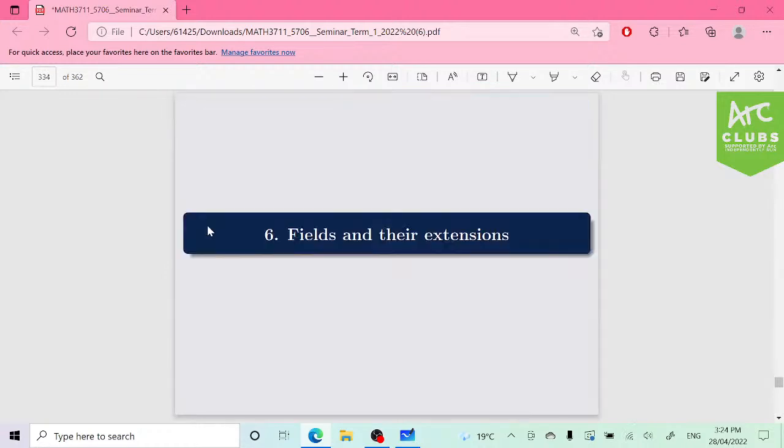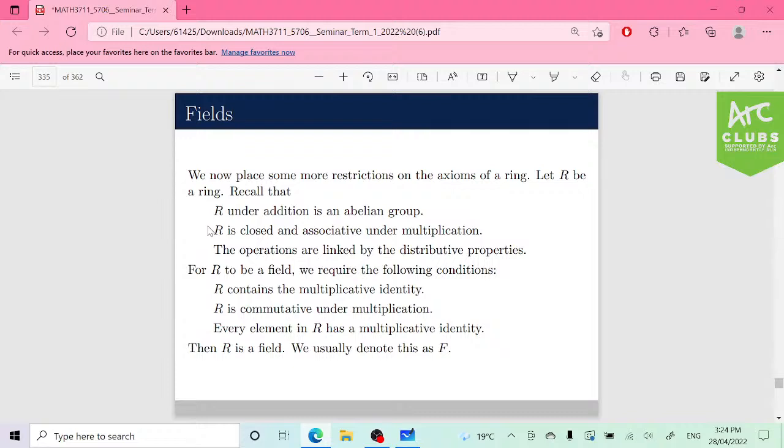All right, so we're going to be talking about fields and field extensions as well for the last half hour. So recall that we've basically had some axioms for a ring. We're going to place a few more restrictions, a few more extra conditions on a ring for us to form a field. So the first thing is that we require R to contain the multiplicative identity. So we require R to be a ring with identity.